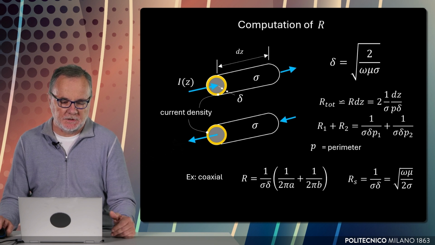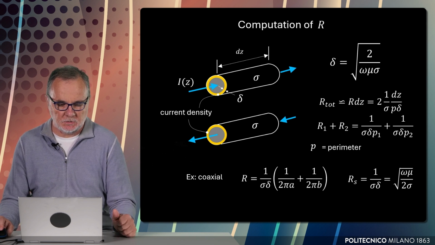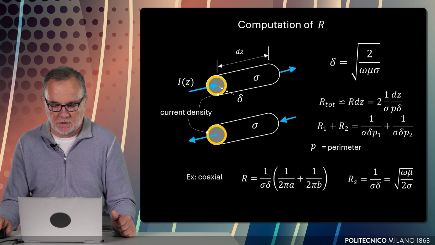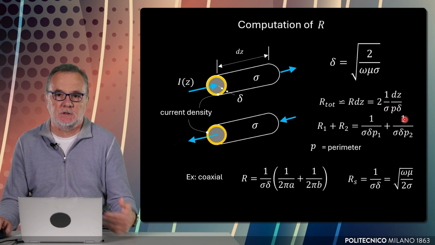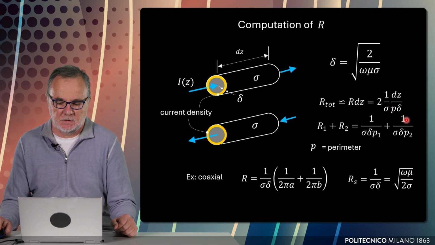So we have that the total resistance of this short section of transmission line of length dz, R dz, is the resistance per unit length times dz itself. And the total resistance of this conductor for uniform current distribution can be computed as 1 over sigma, which is the resistivity, times the length, which is dz, divided by the cross-section that is crossed by the current.